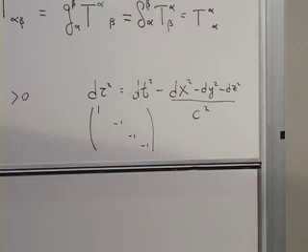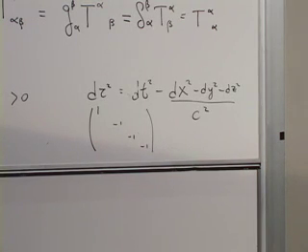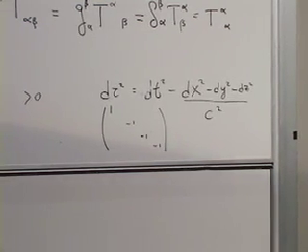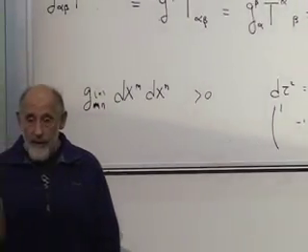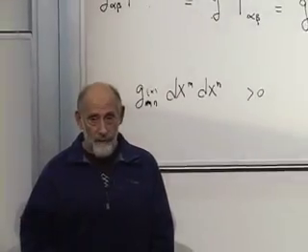How many negative eigenvalues? 3. The 3 negative eigenvalues correspond to the 3 space directions, and the 1 positive eigenvalue corresponds to the 1 time-like direction. The metric in relativity, general and special, must have 3 space-like directions, which means 3 negative eigenvalues and 1 positive.